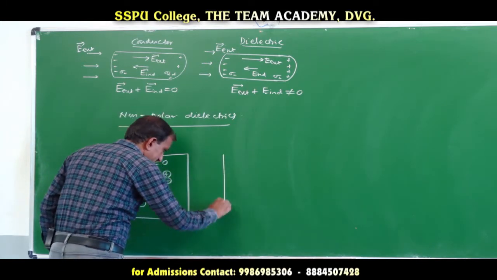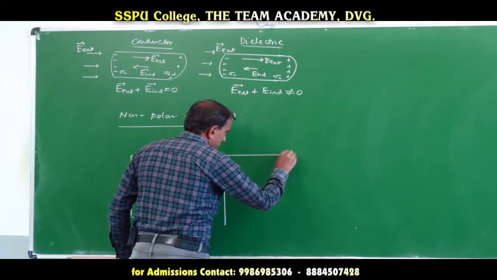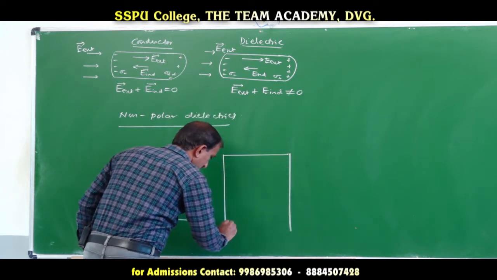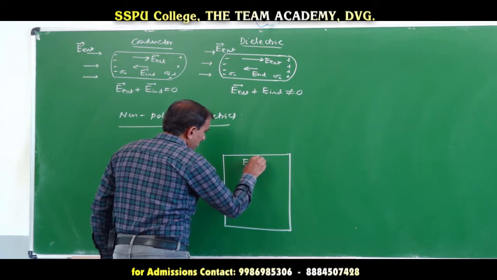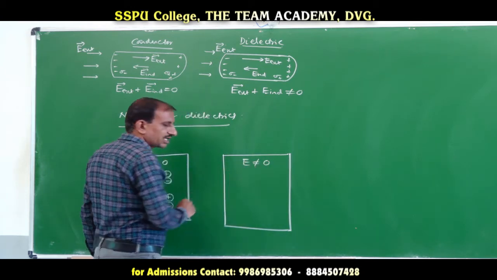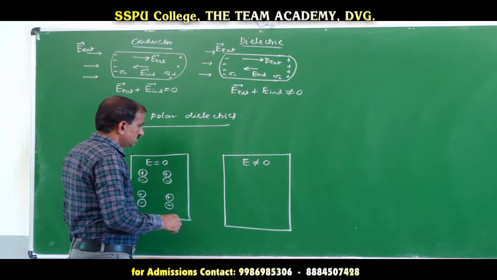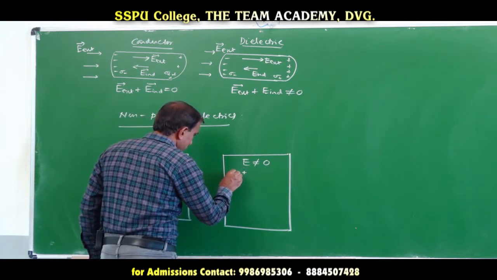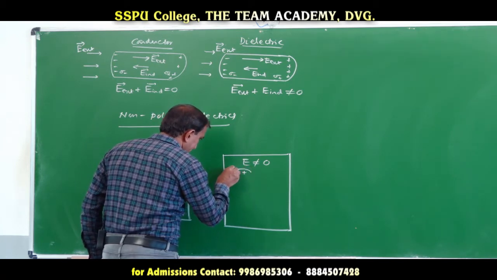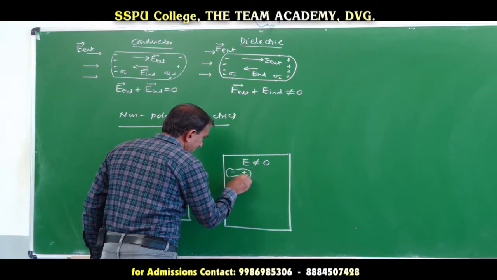Similarly, consider one more case, in which the non-polar molecule has E not equal to 0. When E is not equal to 0, the negative charges and the positive charges start to align in the direction of the applied electric field.